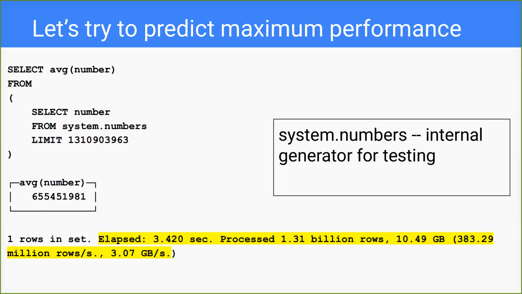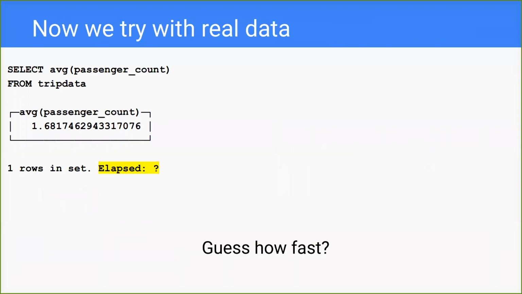But what we're doing here is just selecting from it to get 1.3 billion of them and taking the average. And so what this does is it computes the average number. This isn't very meaningful, but what we're doing is testing the speed at which we can scan these generated numbers in memory. So there we get that it runs in 3.4 seconds. That's a useful number. Keep that in mind.